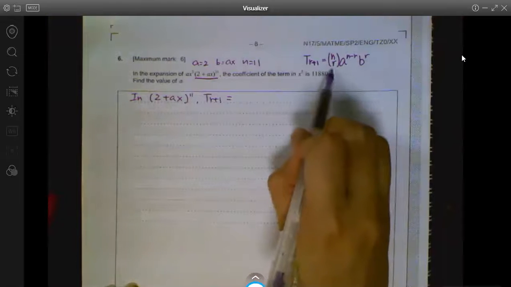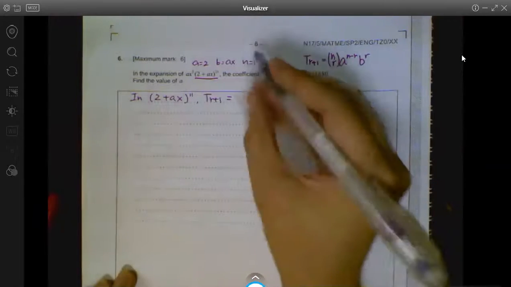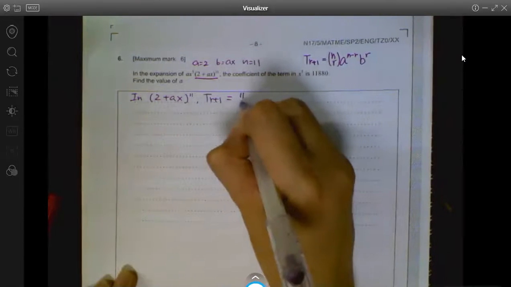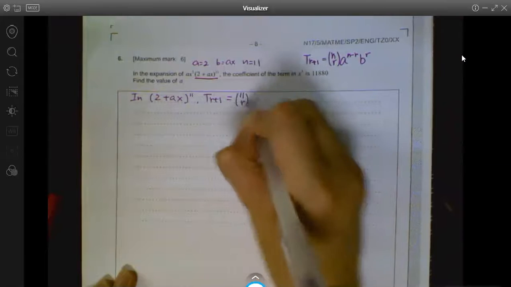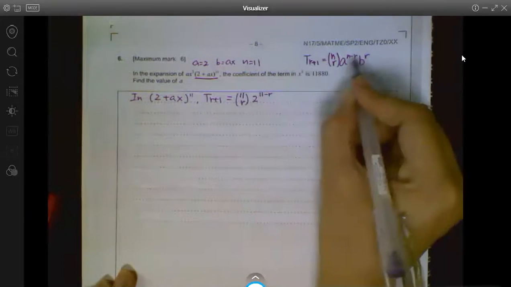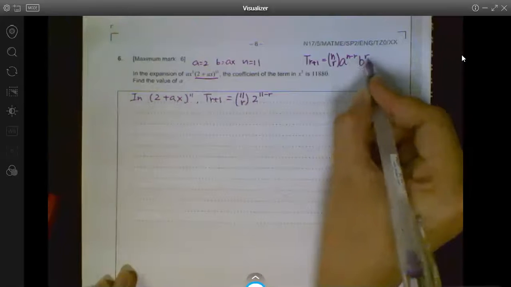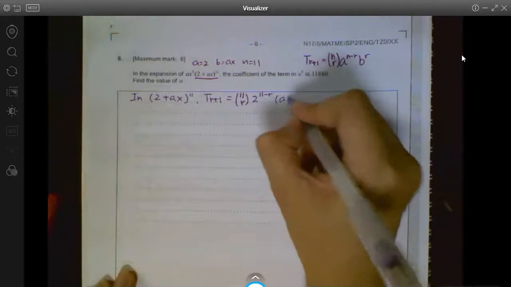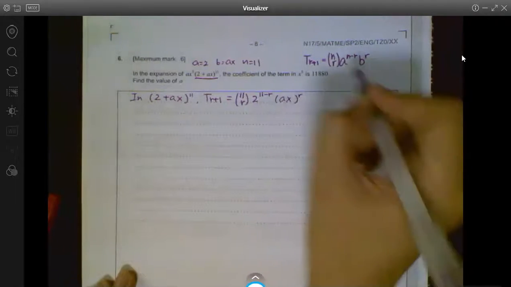So following my formula for the specific term, I should write 11Cr. My a is 2, so 2 to the 11 minus r, like this. And then b to the r. My b is ax, r is unknown.